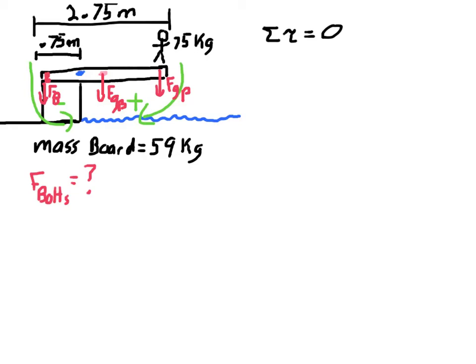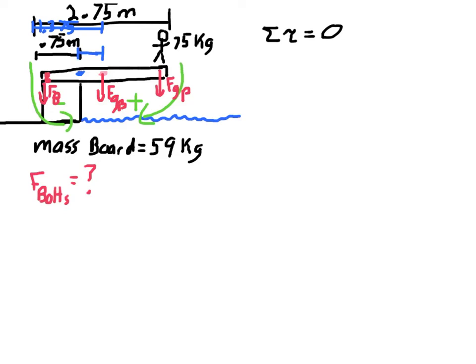I also need to figure out all of my distances because that's going to be needed in my torques. All right, so this distance right here, from my pivot point out to my center of mass? Well, if the center of mass is at the very center of the board, that means this length right here is 2.75 divided by 2, which is 1.375.